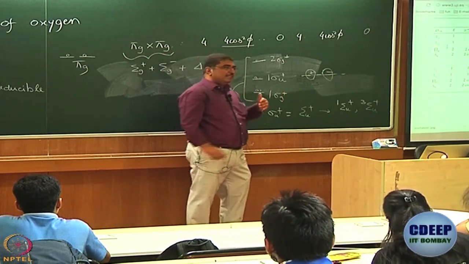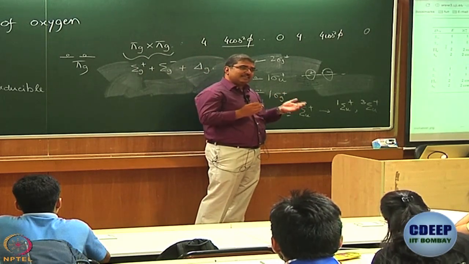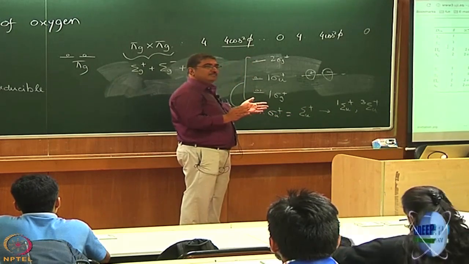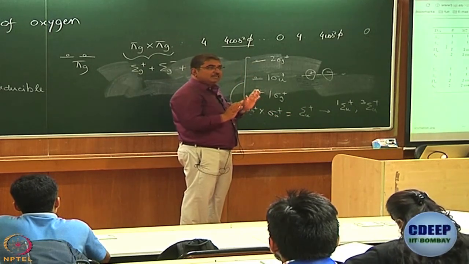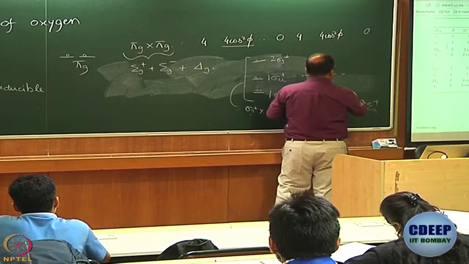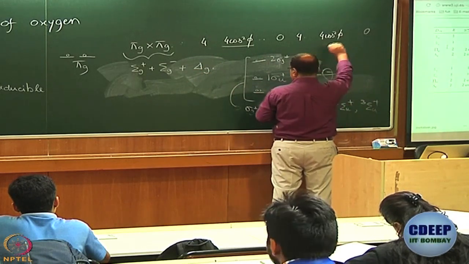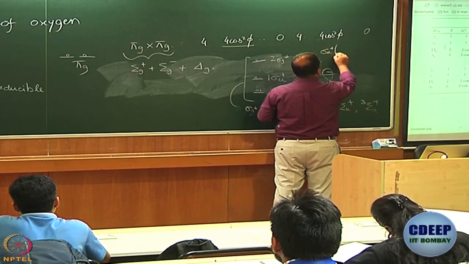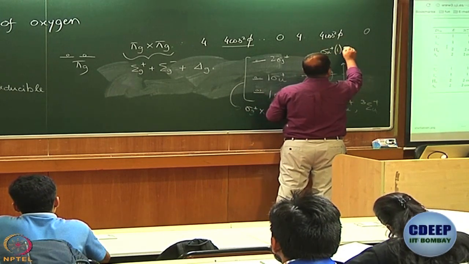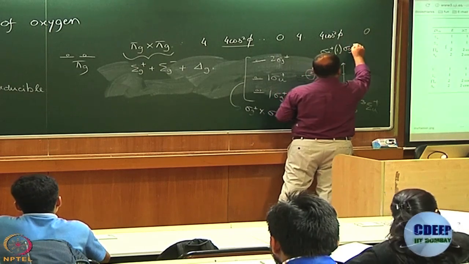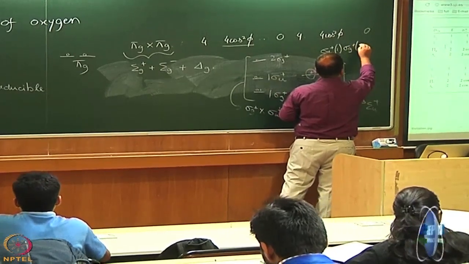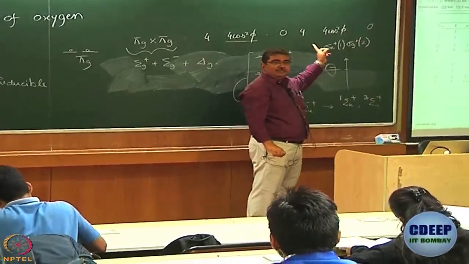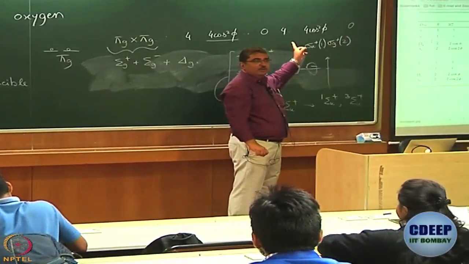For that, the spatial part is symmetric, right? For this, it will be sigma u plus, let us call the electrons 1 and 2, sigma u plus 1 sigma g plus 2. Is that a good enough spatial part? What do I have to do?